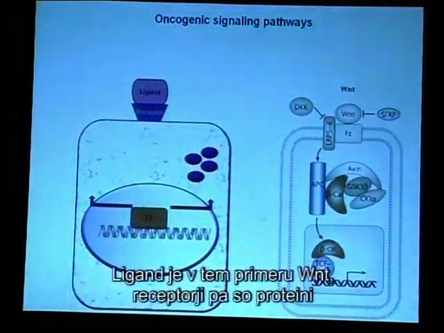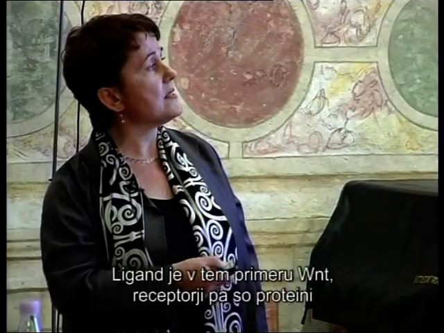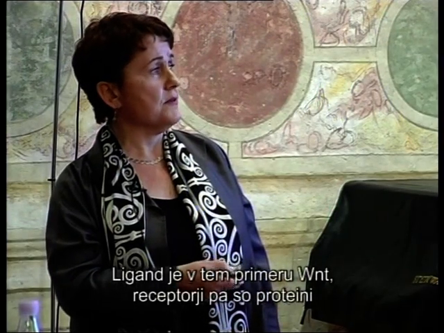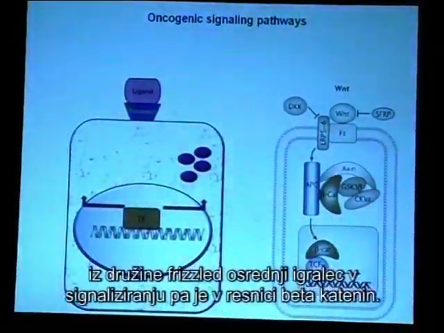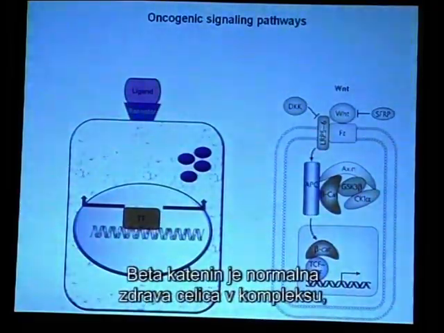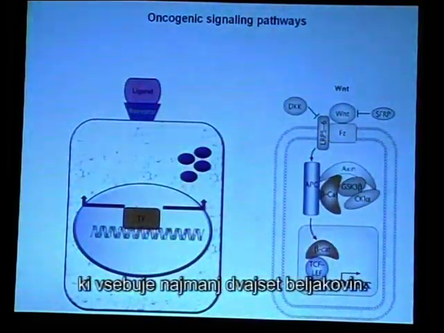The ligand, in this case, is Wnt. The receptors are frizzled proteins. But really a central player in Wnt signaling is beta-catenin. Beta-catenin in a normal, healthy cell is kept in a complex that contains at least 20 proteins.